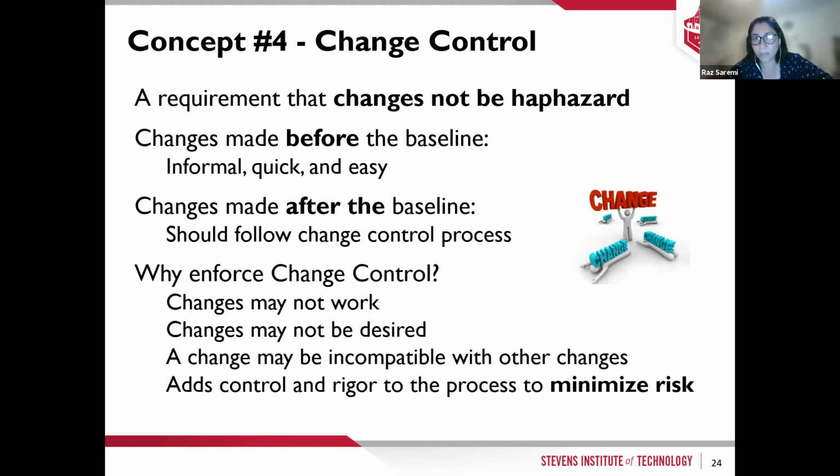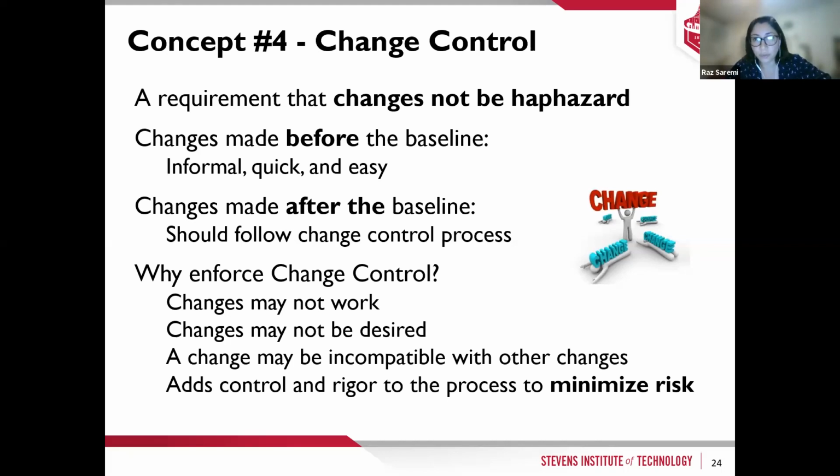Any requirement that changes must not be haphazard. So the changes that we make before the baseline are easy. Why? It's not formal. We just decided to try, see if it's working better. But as soon as the configuration item is submitted as a baseline, any type of change that we want to make going forward must go through a change control.